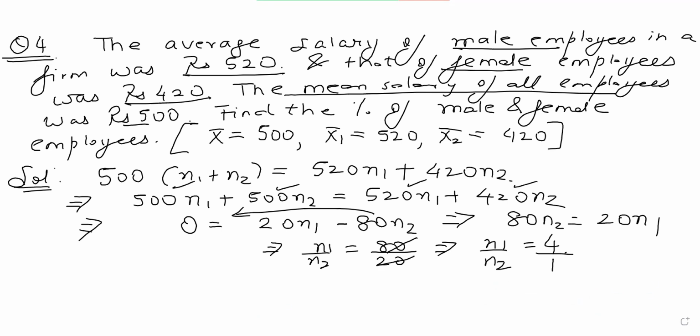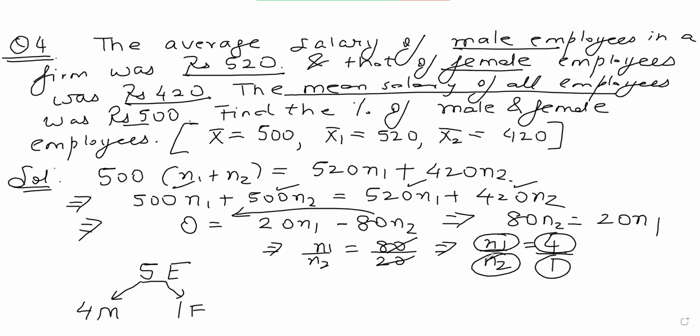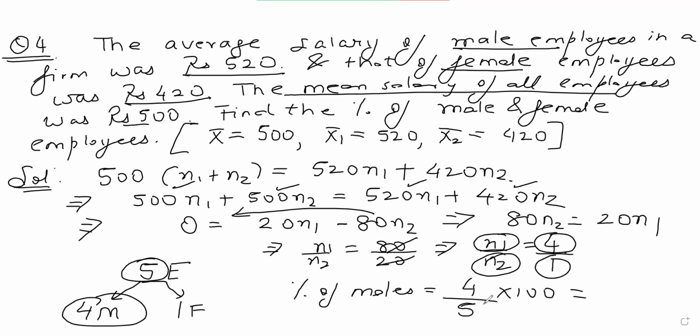Out of every 5 employees in total, 4 are males and 1 is a female. N2 denotes female, N1 denotes the male group. So what is the percentage of males? Number of males divided by total, which is 5, times 100, which is 80%.